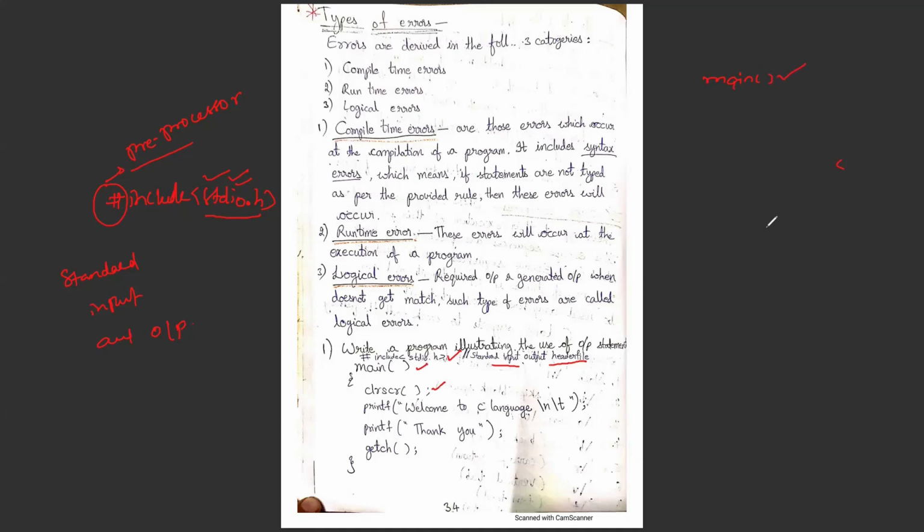Then clrscr, which is nothing but clear screen, you know that. What does this do? Suppose I've written one program that prints hi, and the next program prints hello.